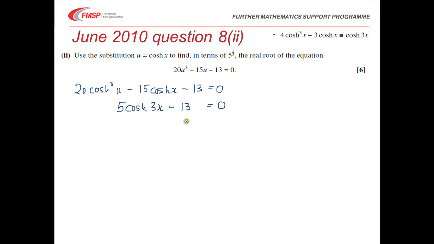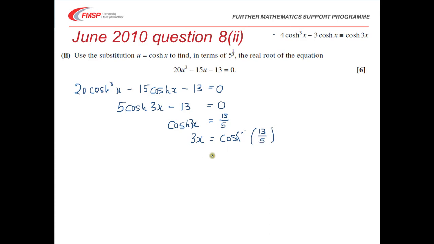So that tells us that cosh 3x is equal to 13 over 5. So that tells us, I'll put the 3 in again, that 3x is equal to the inverse cosh of 13 over 5.